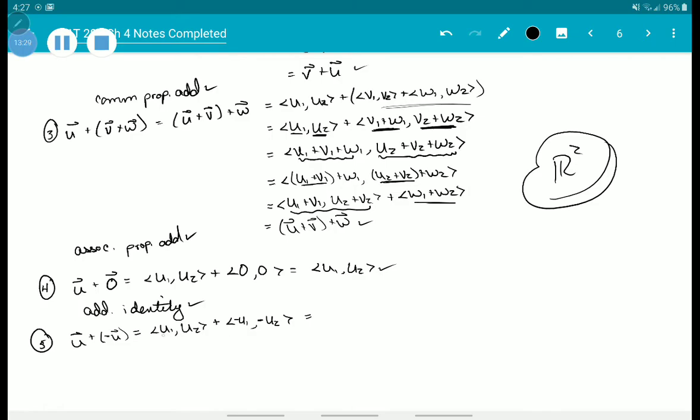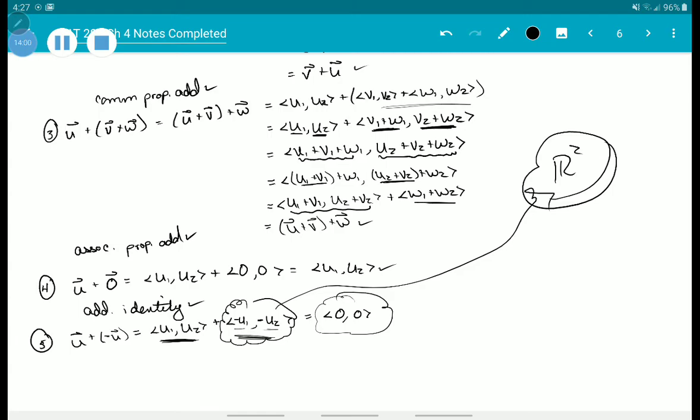So, if I have U1 here and U2 here, then the additive inverse would be negative U1, negative U2 as a vector. And if I add those together, I do get that zero vector back. So the key to this is really understanding that this guy does live in that space. So that when I add that negative U vector to the U vector, I get that zero vector back.